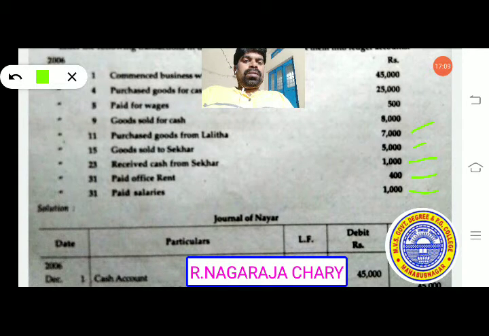So these are the monetary transactions we have been given.